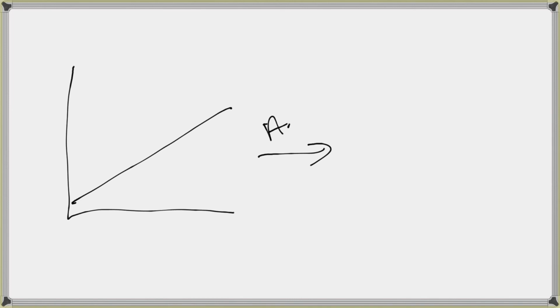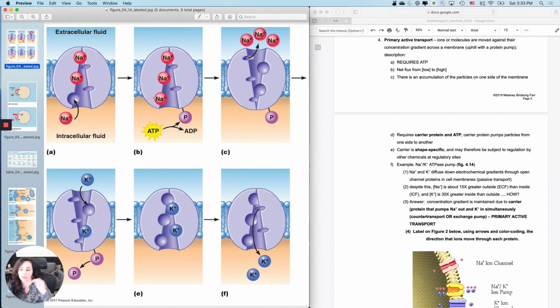Well, with active transport, if you started out with a concentration gradient and you did active transport, depending on how quickly you pumped, you can end up either maintaining the concentration gradient that you had before, or if you pumped even more quickly, you would get a steeper concentration. So you are working to accumulate particles on one side of the cell membrane. And this requires both the carrier protein and ATP. And the carrier protein is, of course, the pump.